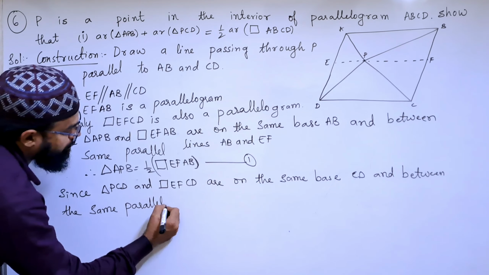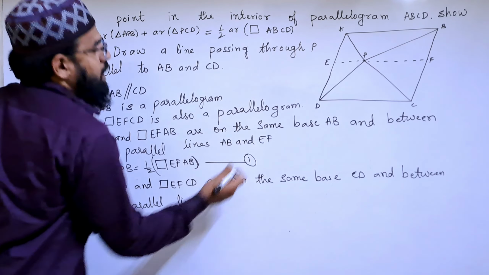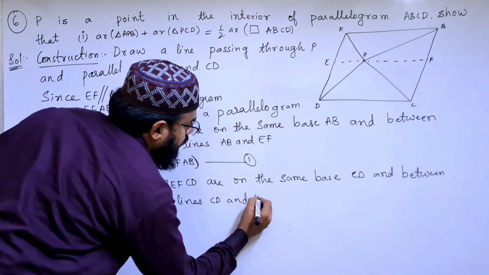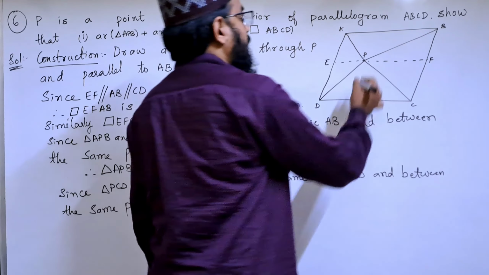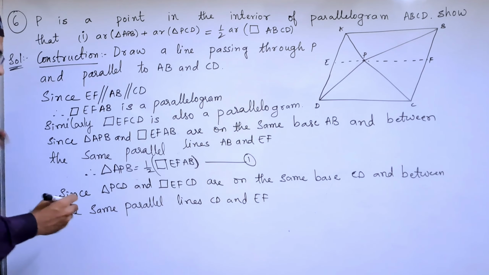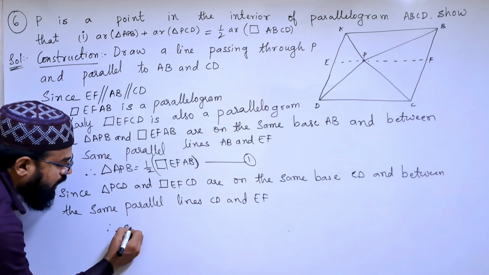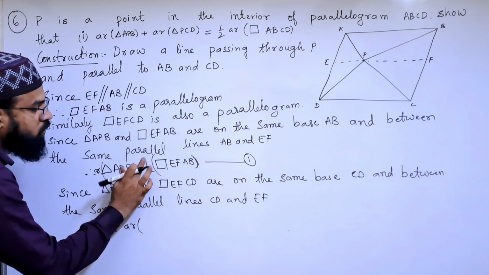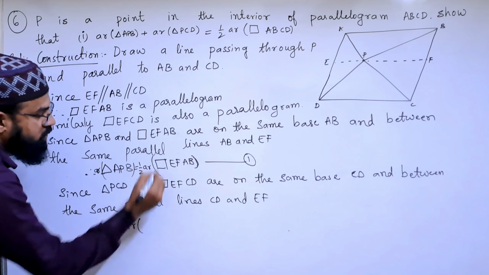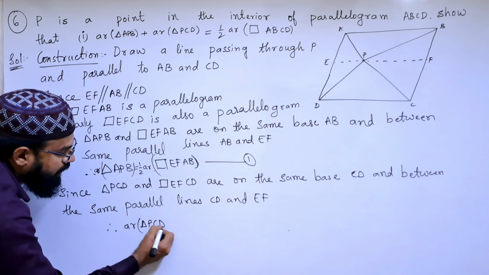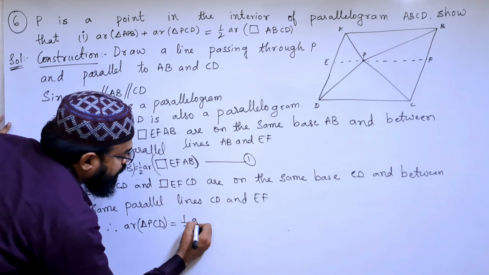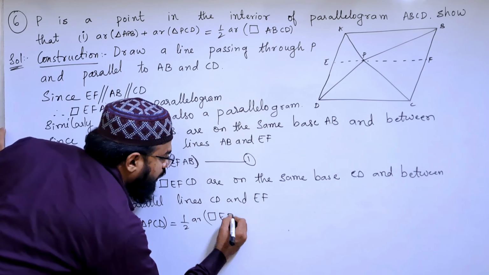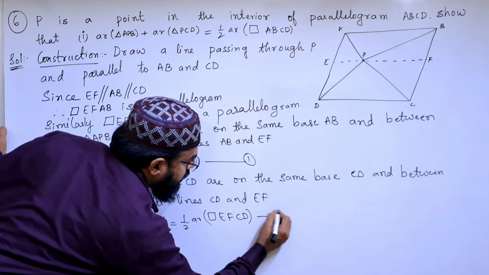So parallel lines are CD and EF. That's why the area of the triangle PCD is equal to half of the area of the parallelogram EFCD. This is our second equation.